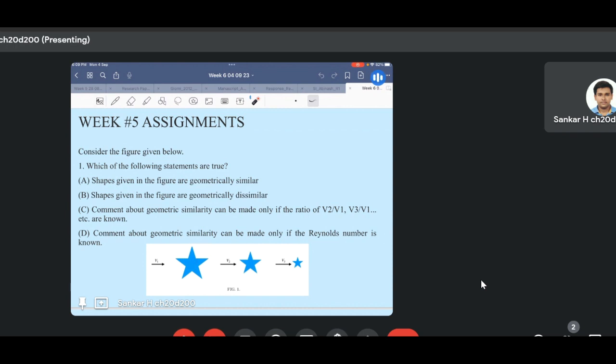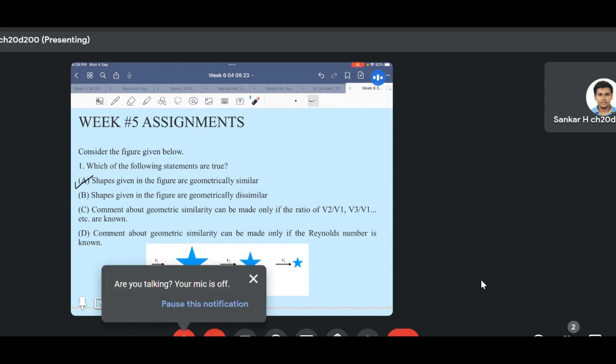Therefore, we can say that these shapes are in fact geometrically similar because they all look like a star. The statement that they are geometrically dissimilar is therefore incorrect.